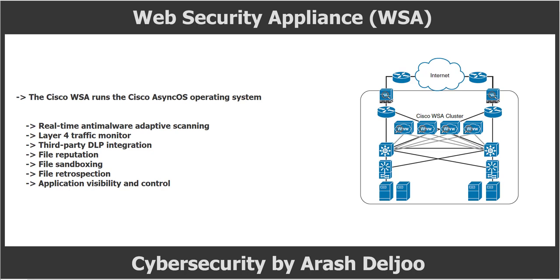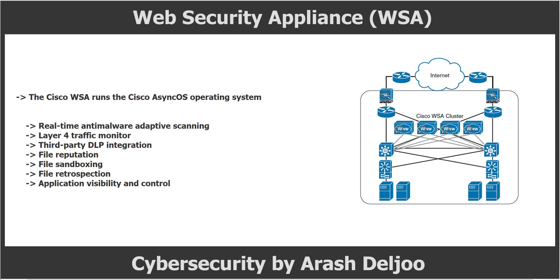Adaptive scanning is a feature designed to increase the catch rate of malware embedded in image, JavaScript, text, and Adobe Flash files. Adaptive scanning is an additional layer of security on top of Cisco WSA web reputation filters that include support for Sophos, Webroot, and also McAfee.